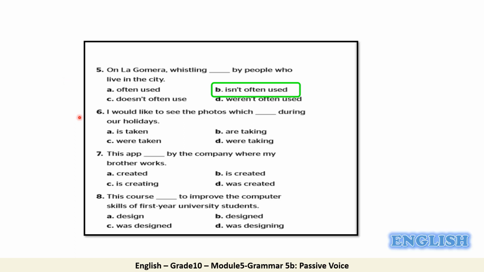Number 6, I would like to see the photos which were taken during our holidays. Excellent. And 7, this app is created by the company where my brother works. And the last one, this course was designed to improve the computer skills of first-year university students.